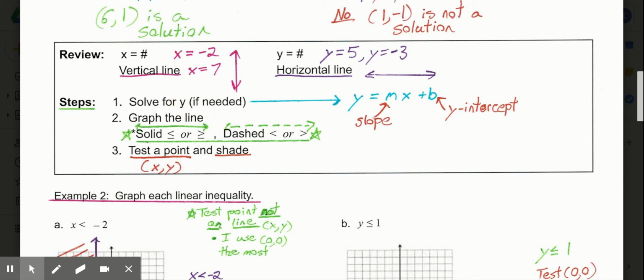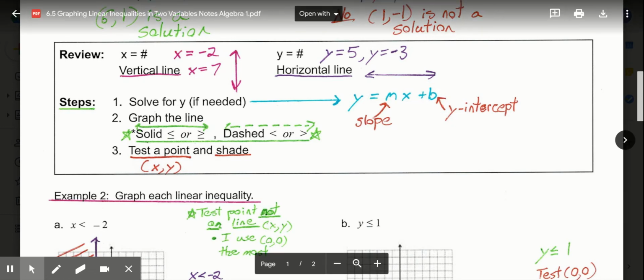In other words, we want to think about slope-intercept form and get it to y equals mx plus b. Remember, in slope-intercept form, m is always the slope, and the plus or minus b part is always our y-intercept. If it's plus, it's a positive. If it's minus, it's a negative.